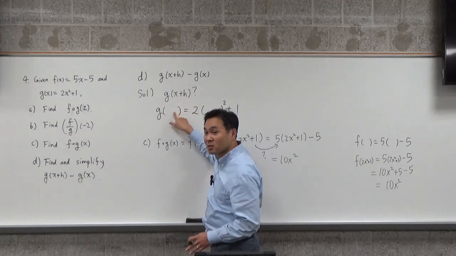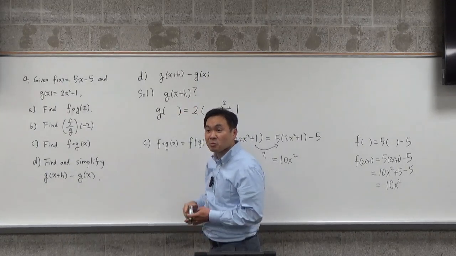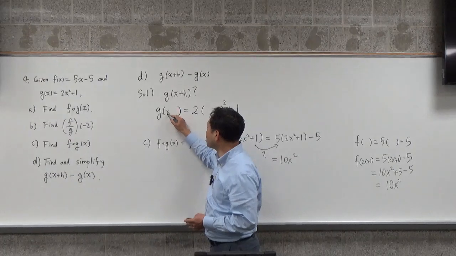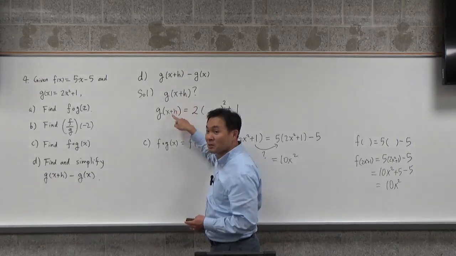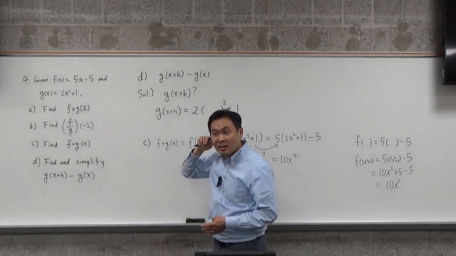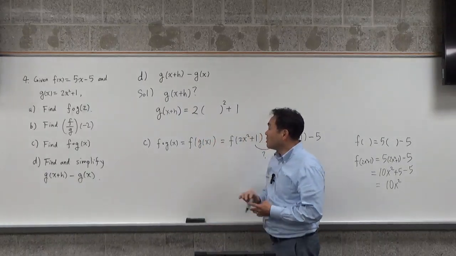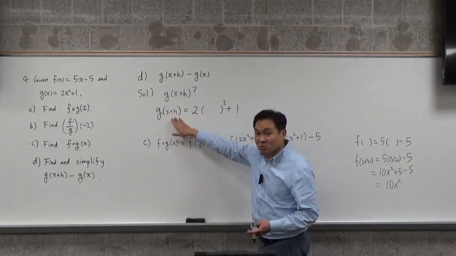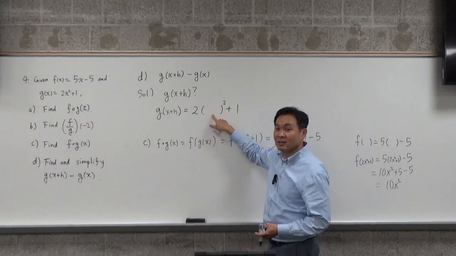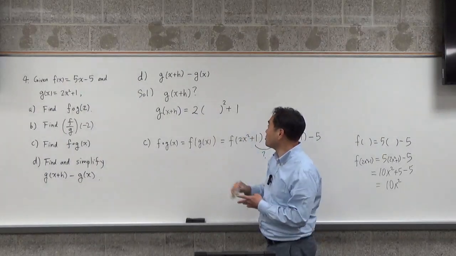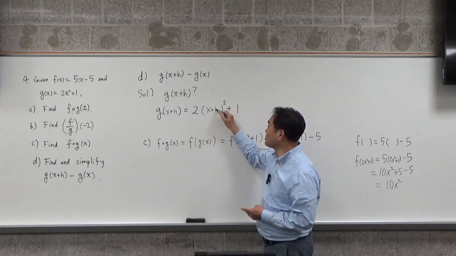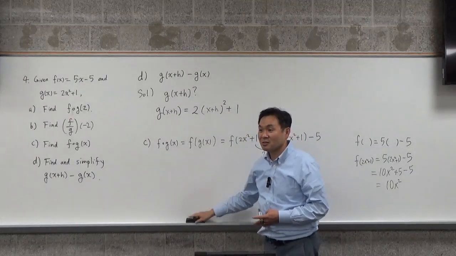So what should I write over here? x plus h. If I put x plus h, then they're the same thing, right? But that makes me obliged to put what? x plus h. That's what it means. Okay?